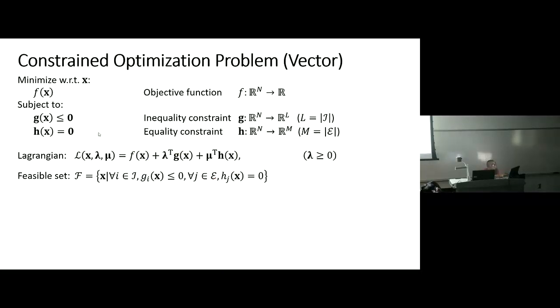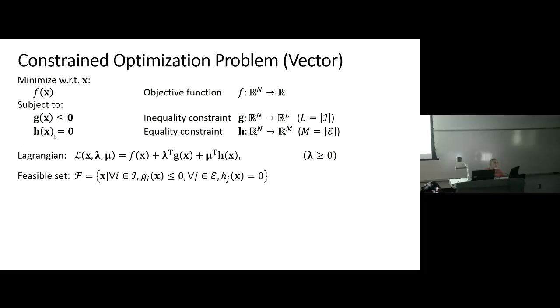Okay, so this is the Lagrangian, and we define the feasible set as the set of all possible x's that do not violate any of the constraints. So for all i, g_i of x is less than or equal to 0, the inequality constraints are satisfied, and likewise h_j of x for all j is equal to 0.